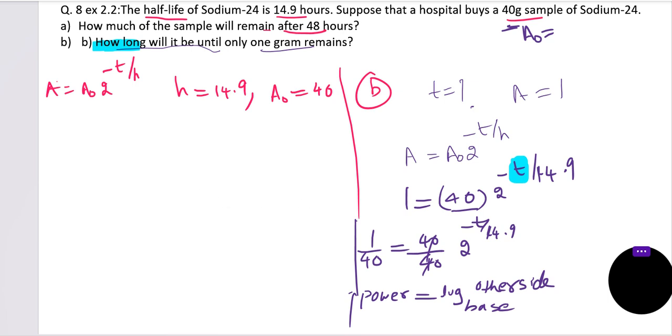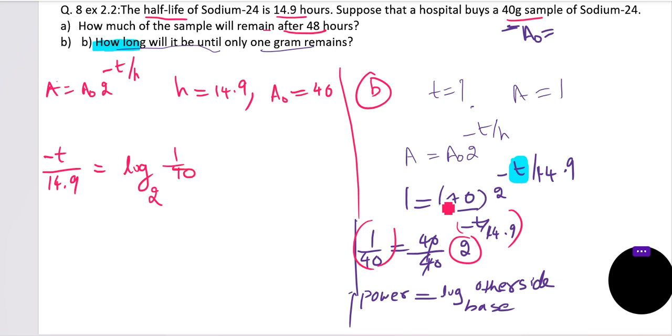So here the power is minus t over 14.9, the base is 2, and the other side is 1 over 40. So now minus t over 14.9 equals log 1 over 40 divided by log 2, which we have to calculate by the calculator.